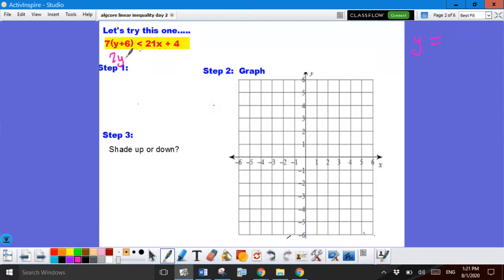So 7y plus 42 less than 21x plus 4. I need to move the 42 and I need to move the 7. So I'm going to subtract 42. 7y less than 21x, and negative 42 plus 4 is going to be negative 38.